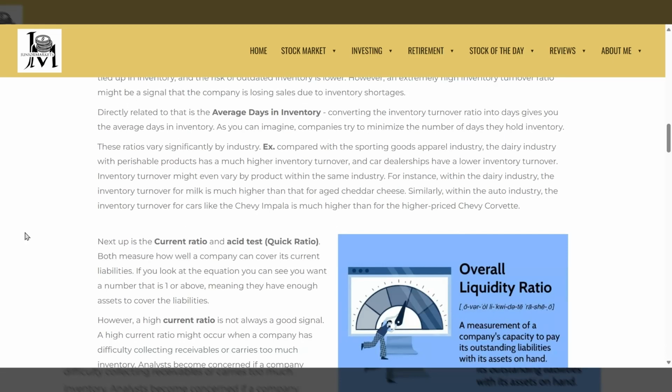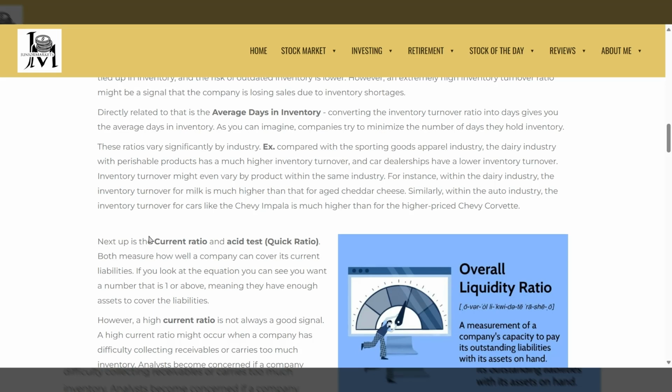And then the last one we're going to go over is receivables turnover, which is net credit sales divided by average accounts receivable. Now, accounts receivable is when people pay on credit. You obviously don't have to pay now, you have to pay later. So companies keep track of accounts receivable, essentially how much money they're owed by people who have paid on credit or people who have promised to pay later.